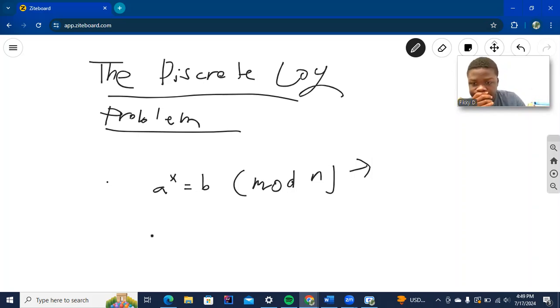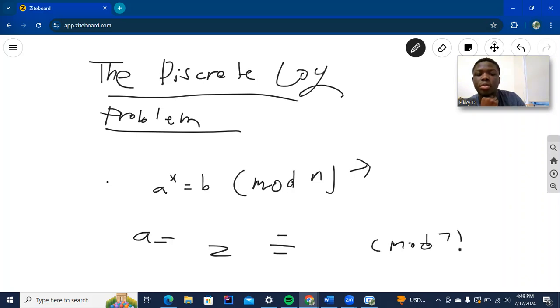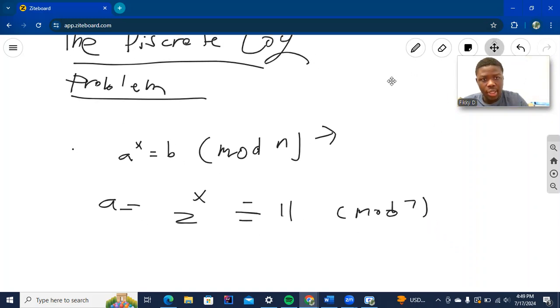For example, let's say a is 2, and we use mod 7. Basically 2 to the x is congruent to 11 mod 7. So we would say x is congruent to logarithm base 2 of 11 modulo 7.